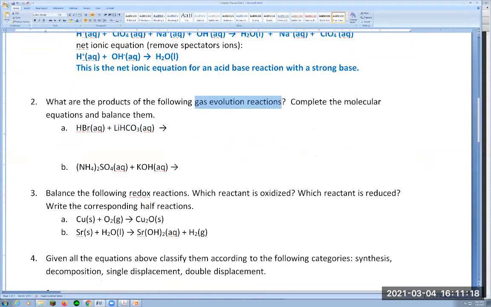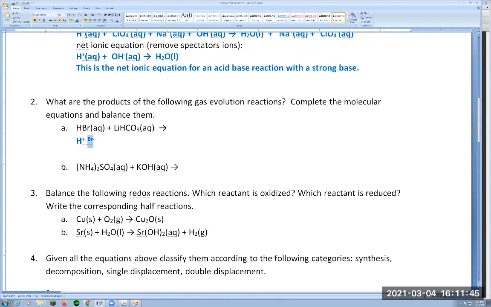Because these are aqueous solutions, you have ions free floating in there. HBr is an acid, right? Because we have H first in the formula. So the cation will be the H+ ion, and Br is the bromide, a halogen.